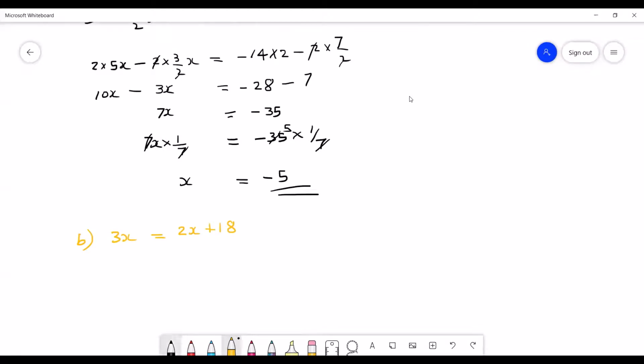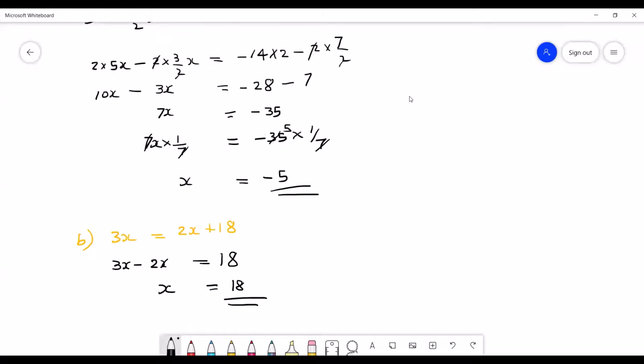So this will become 3x minus 2x, that will be equal to, here remaining is only 18. 3x minus 2x, 3 minus 2 means 1, so this will remain as x. So we are getting 18. So x is equal to 18 is the answer. When you insert it here, you will get the same thing.